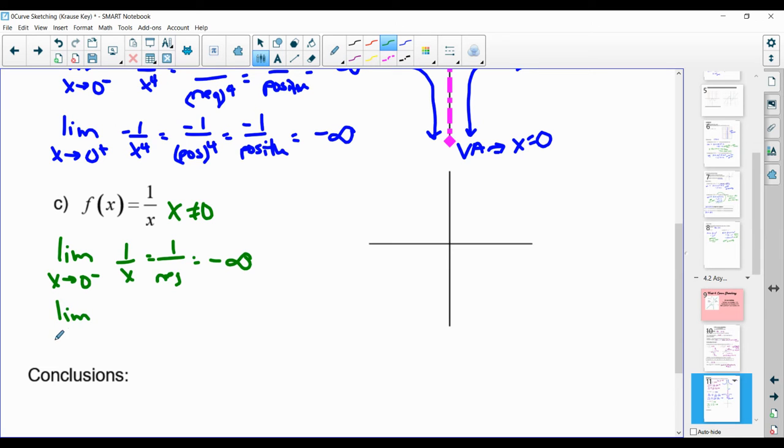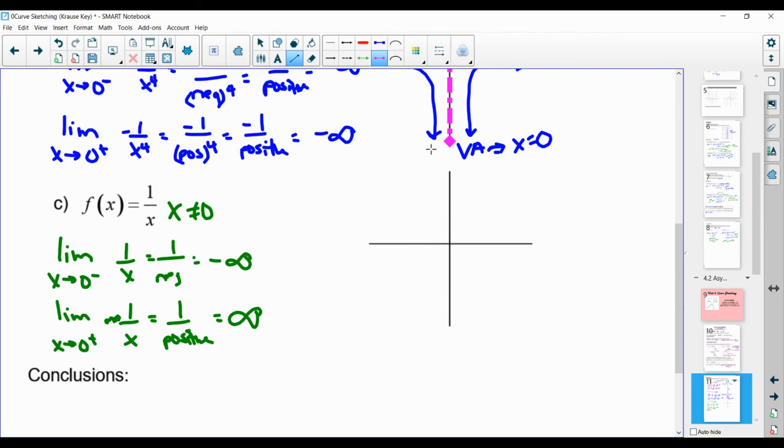Now the limit as x approaches 0 from the right, 1 over x, we're going to have 1 over a positive value, which means it's going to be approaching positive infinity. And so in this graph, we've still got our asymptote at 0.